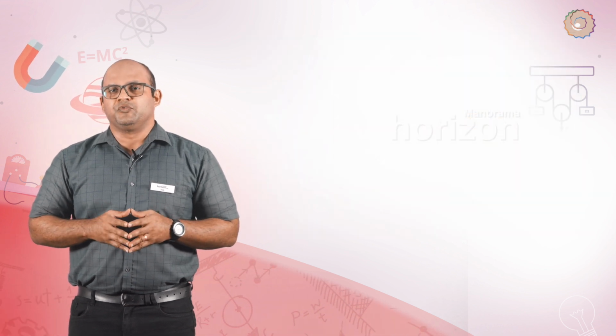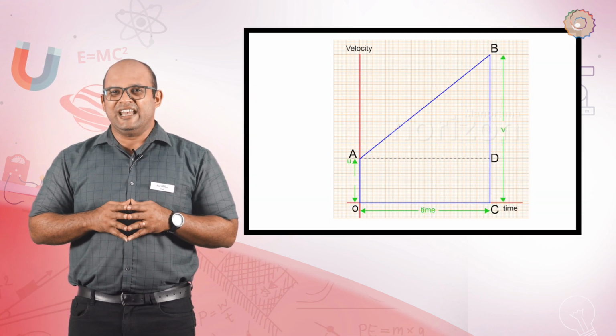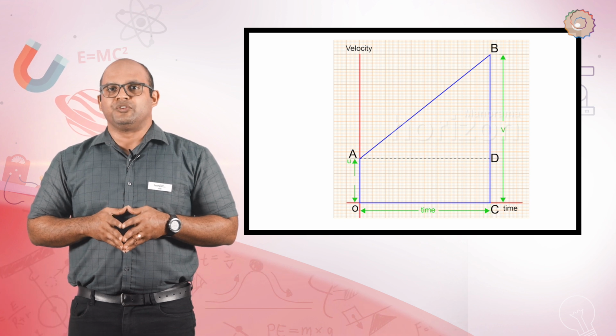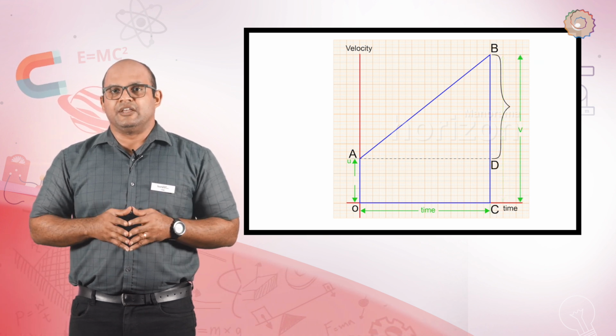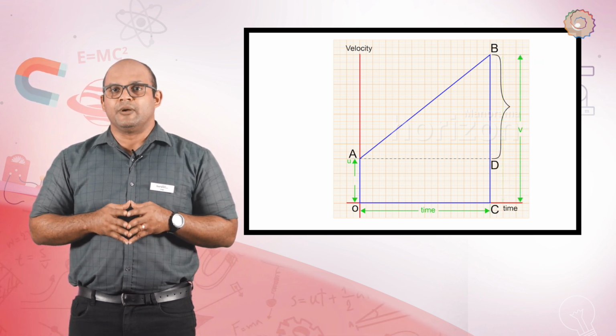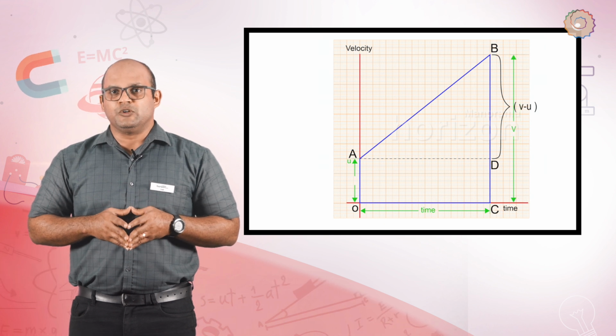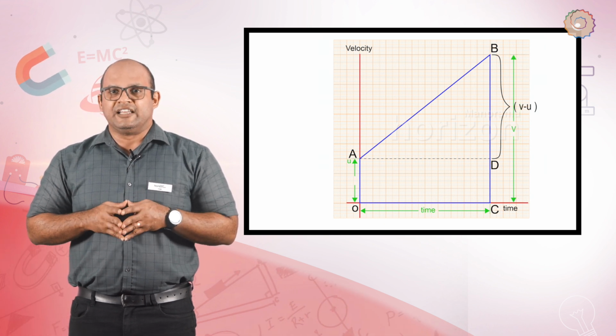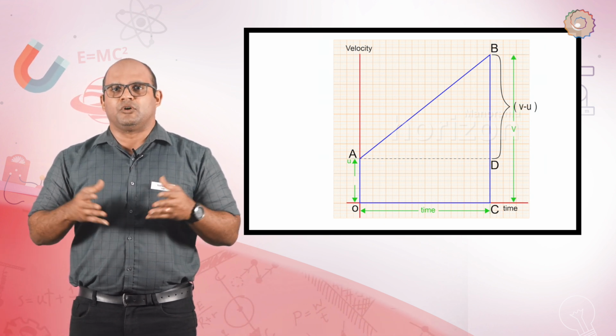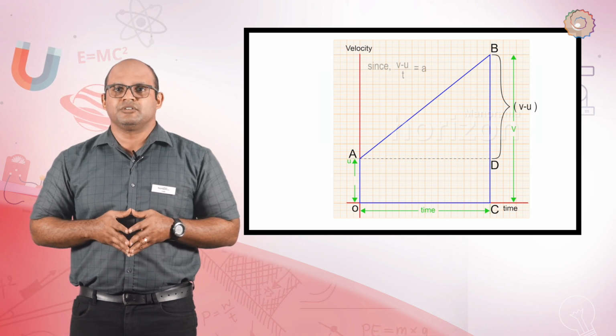To do this, we draw a line AD which is parallel to OC. So now we have a new line segment BD, which is equal to the difference in the final and initial velocities of this object.